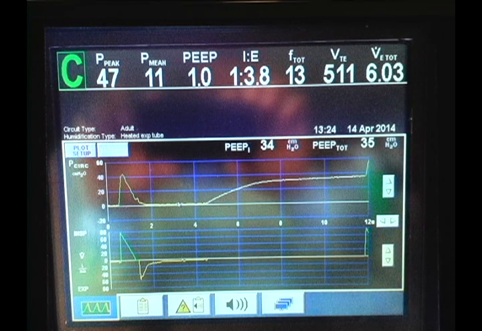So how could it be that you do an auto peak measurement and there's no plateau on the airway pressure waveform? What could be causing the pressure to be going up during exhalation?